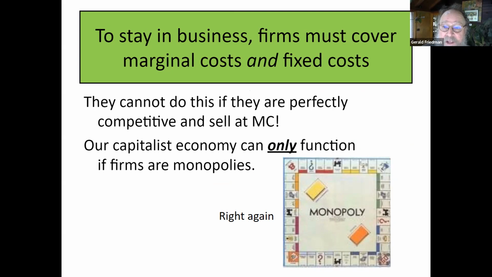And the capitalist economy can only function if firms can cover both, which means it can only function if firms have some monopolistic power. They don't have to be the only producer of relevance, but to be sure, they're the only producer of the stuff that they make at the place where they make it and the name that they make it under.